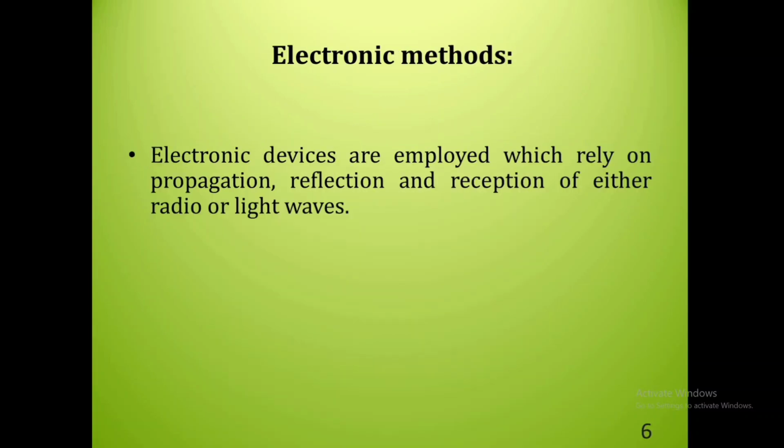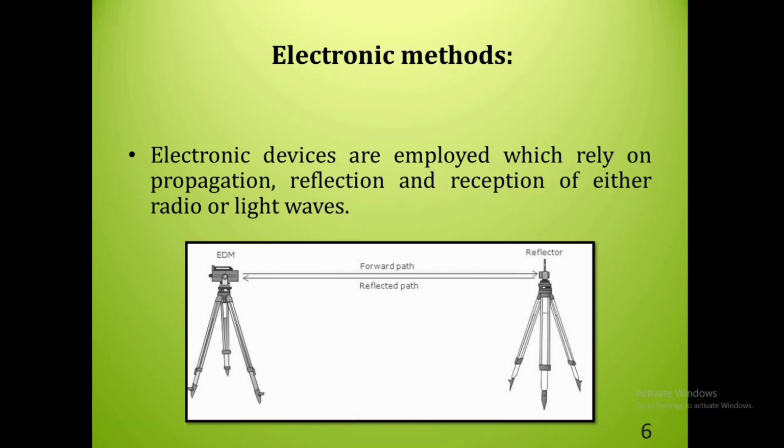Third method is the electronic method. In this, electronic devices are employed which rely on propagation, reflection and reception of either radio or light waves. For example, in this figure you can see that there is an EDM, which is nothing but an electronic distance measuring device, and there is a reflector.